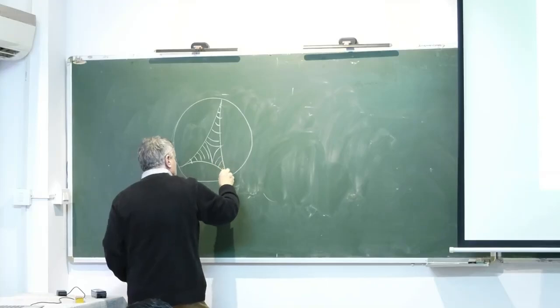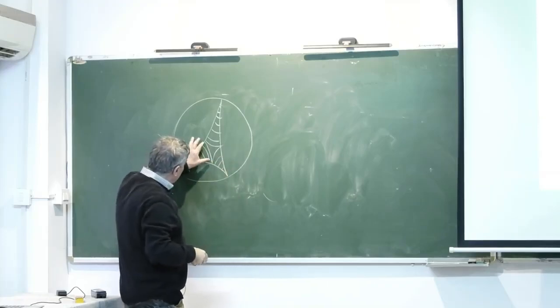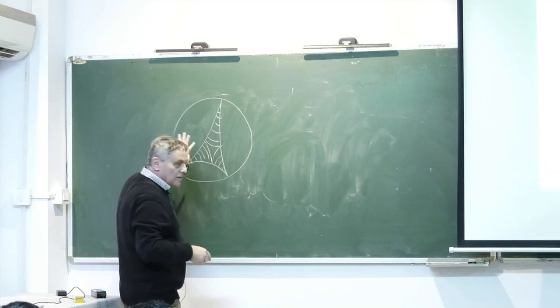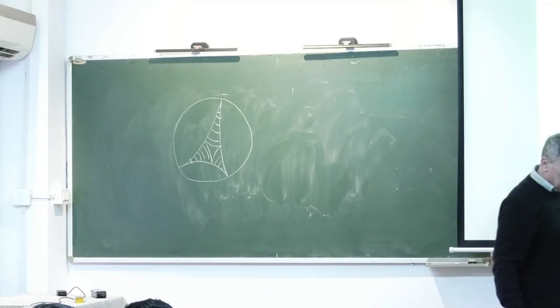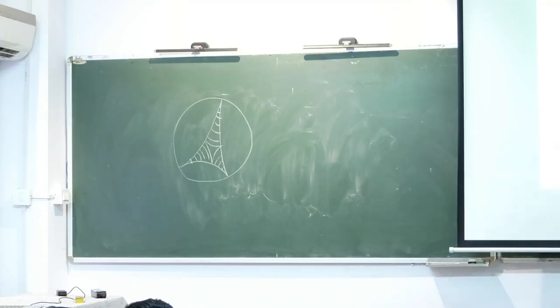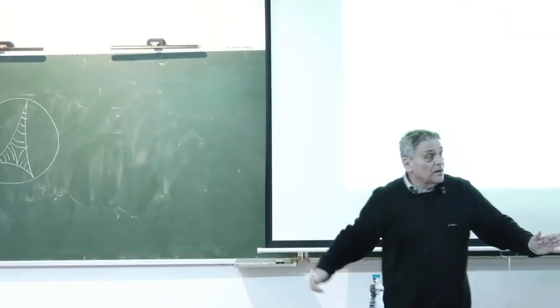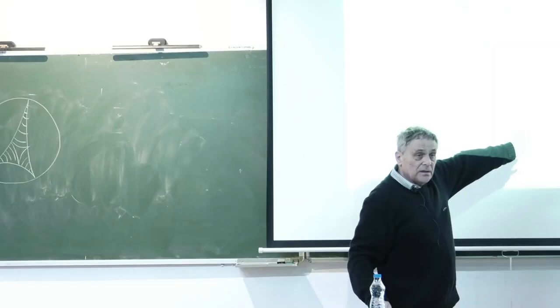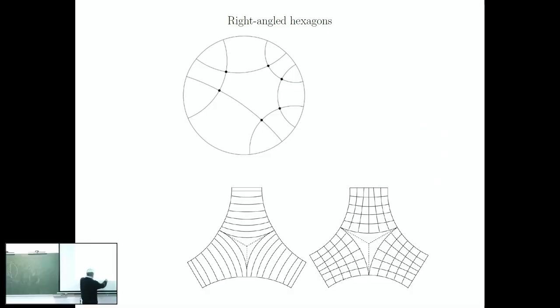It uses this foliation and so on, and then we send one of these pieces of circle to the other one, and so on. Remember this? I tried to explain that an ideal triangle is a kind of degenerate right-angled hexagon. When these sides tend to zero, when the length becomes zero, you get an ideal triangle.